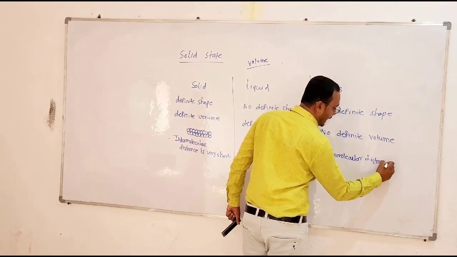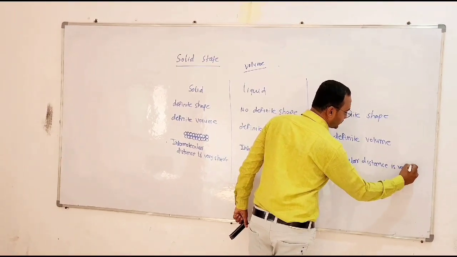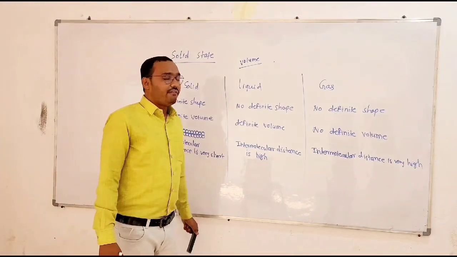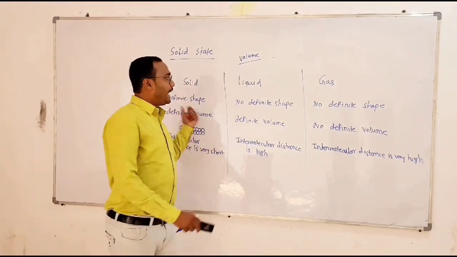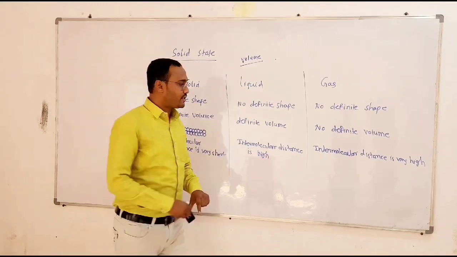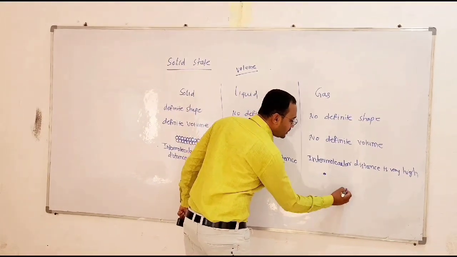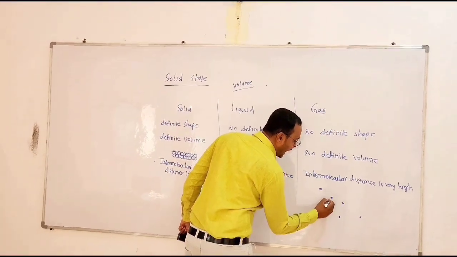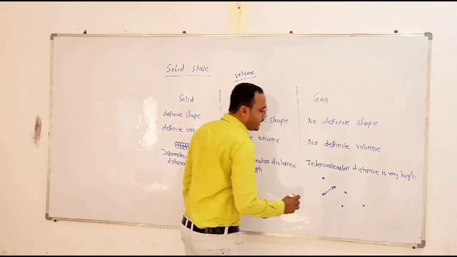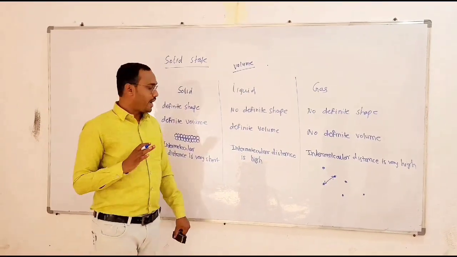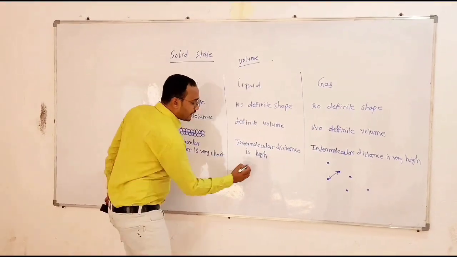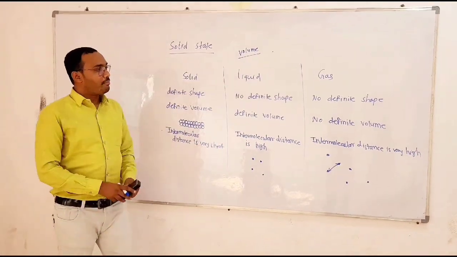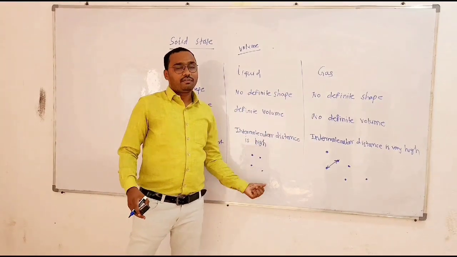Intermolecular distance in gas state is very high, because in a gaseous state the particles have more kinetic energy than that of solid and liquid state. That means the molecules are moving with a very high velocity. So the gap, or intermolecular distance, between two particles is very high. But in case of liquid, the intermolecular distance is higher than that of solid, but less than that of gas.